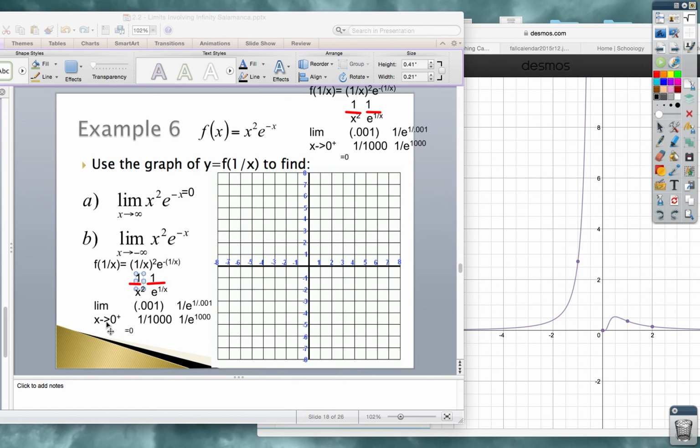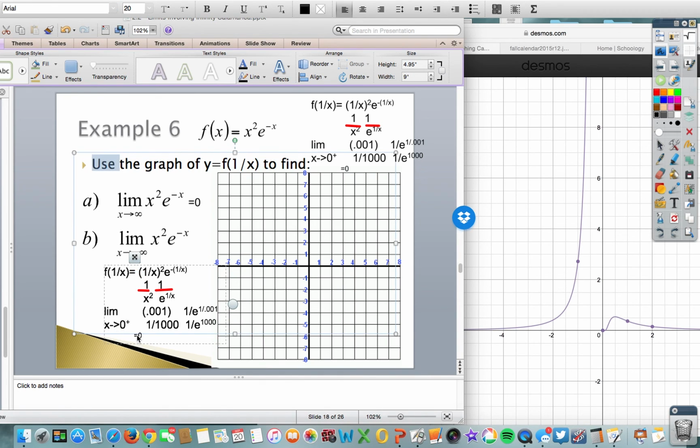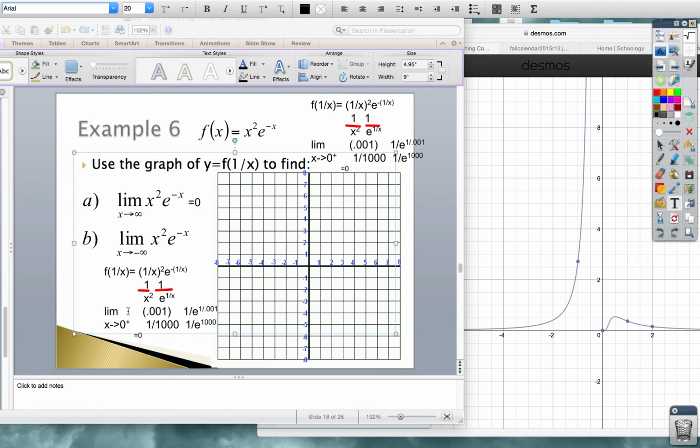And this time we're looking at this limit as x approaches 0 from the negative side. I'm going to rewrite this whole line just so you can see where we get these numbers.